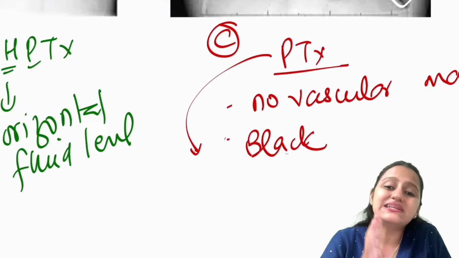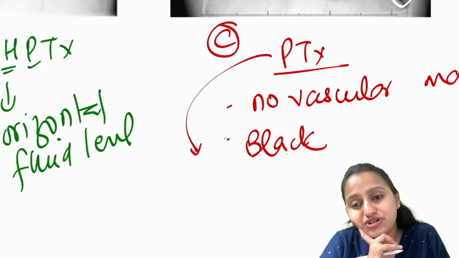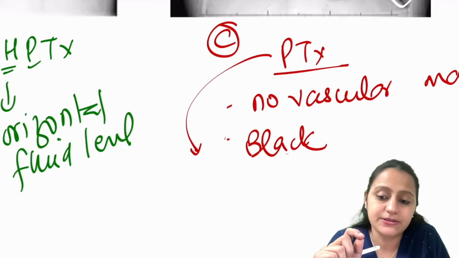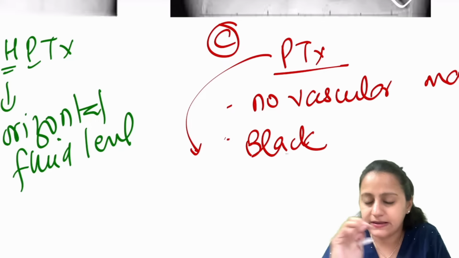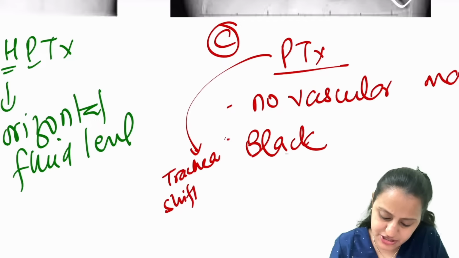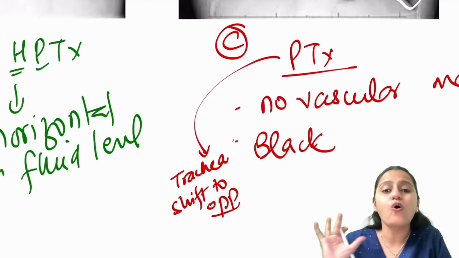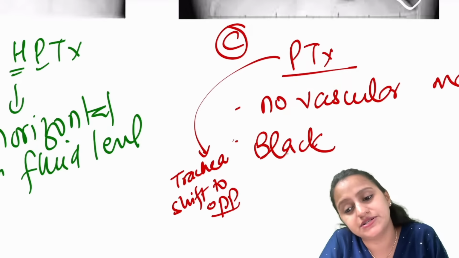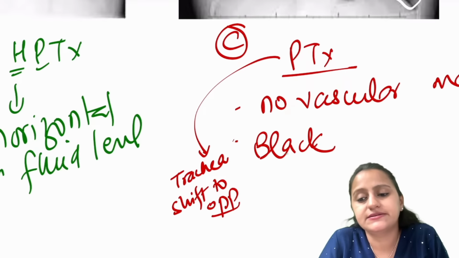So if the patient clinically is unstable, then you call it tension pneumothorax and it needs immediate management, that is the needle puncture. Okay? Right. So if at all it causes tracheal shift, mediastinal shift, that will be to the opposite side because it needs space. So it will shift the structures to the opposite side. Okay.